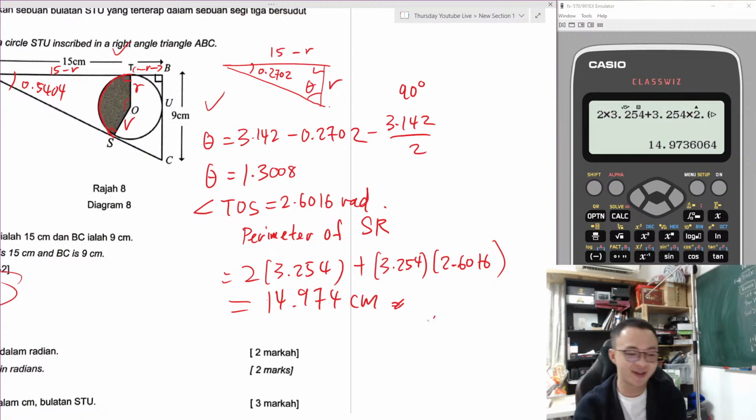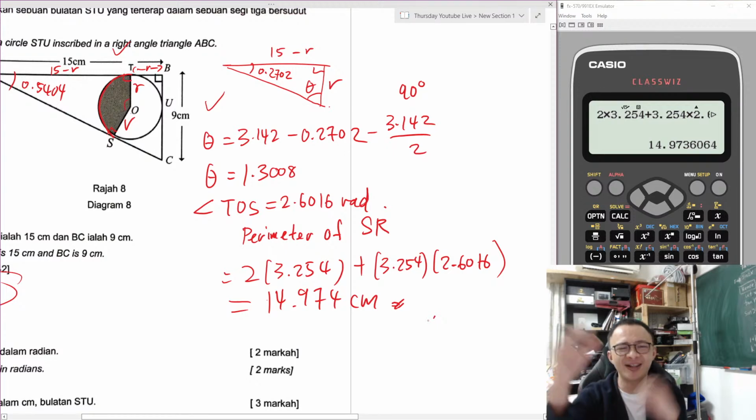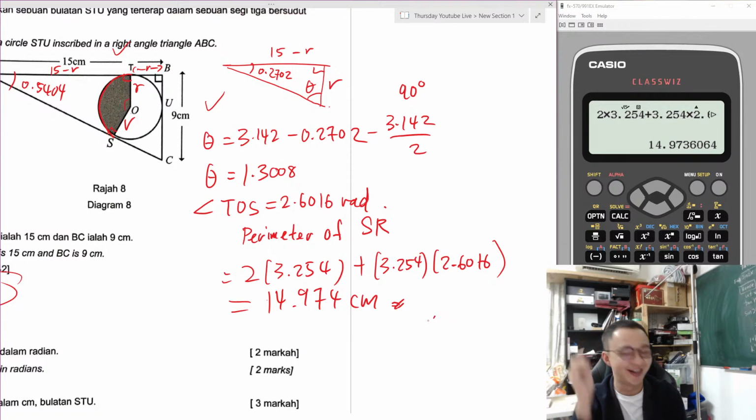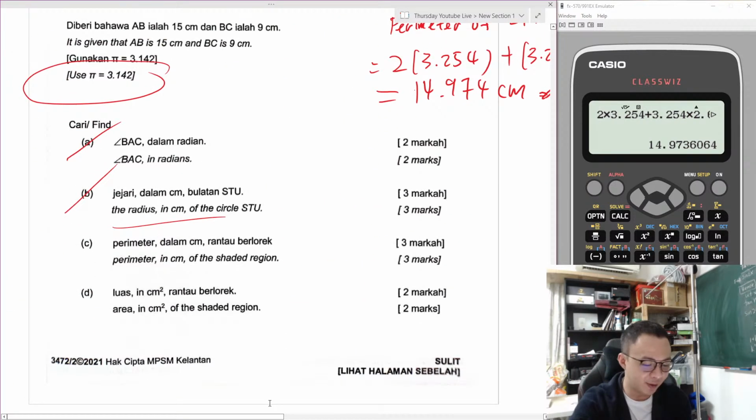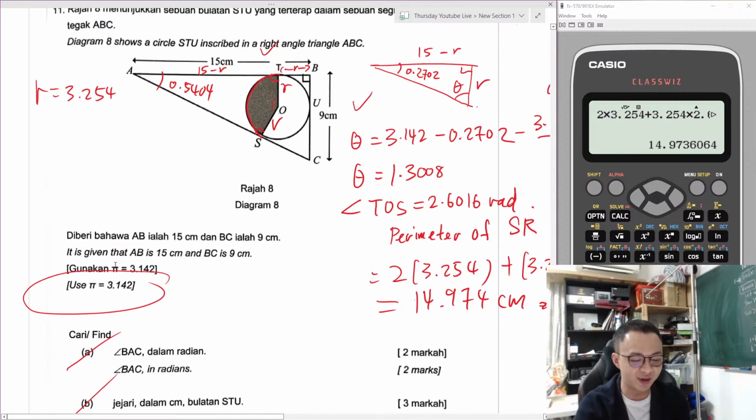Opposite angles sum to 180, right? For the opposite angles adding together to equal 180, that one only applies for the circle theorem. In this case, you cannot use that. Okay, so then they asked us to find the area of the shaded region. The area of the shaded region is the sector also, right? So it's very easy.